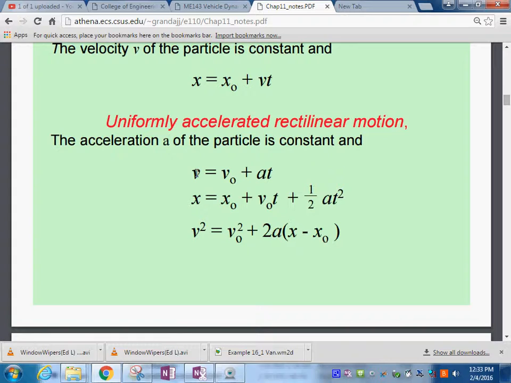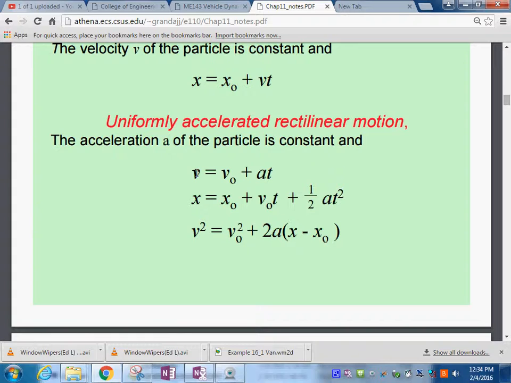Okay, and then the other one is that the position is the initial position plus v sub 0 t, which is the initial velocity times time, and then plus 1/2 of at squared.